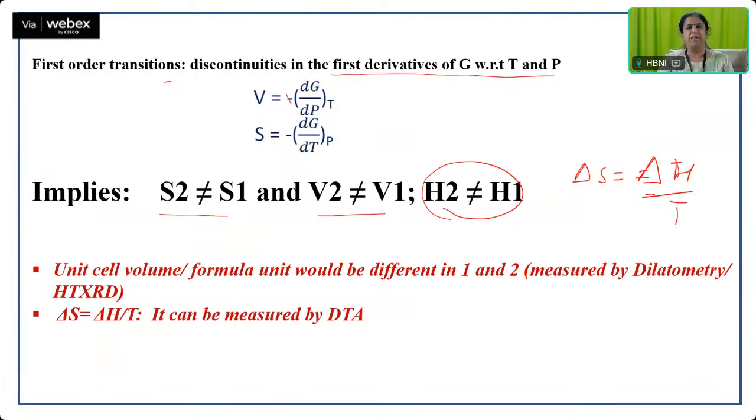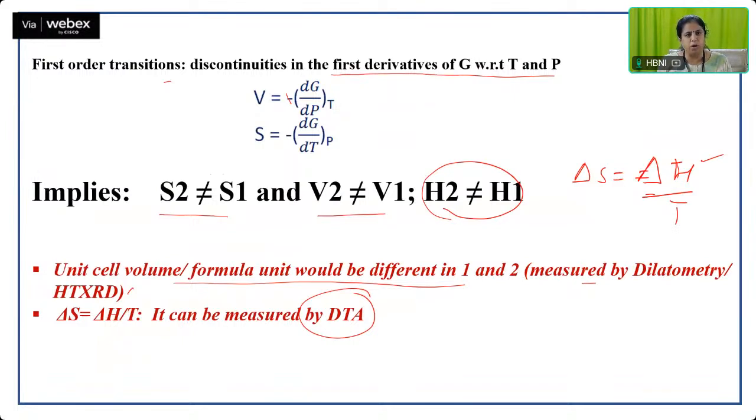Because your enthalpies are unequal, you can use DTA to measure your first order phase transition. And the different volumes can be measured by dilatometry or high temperature XRD.